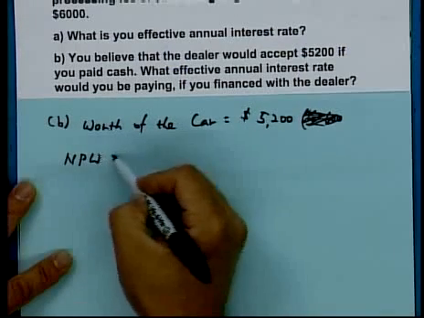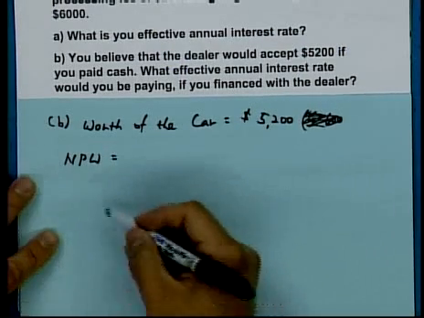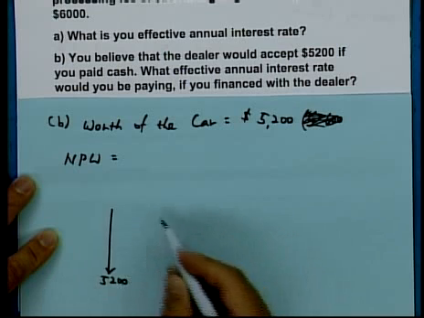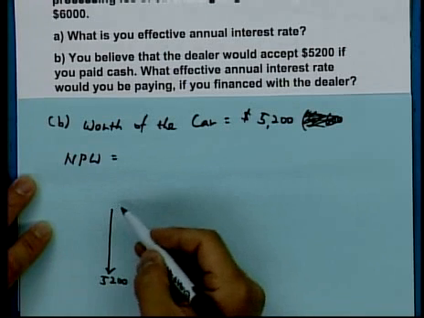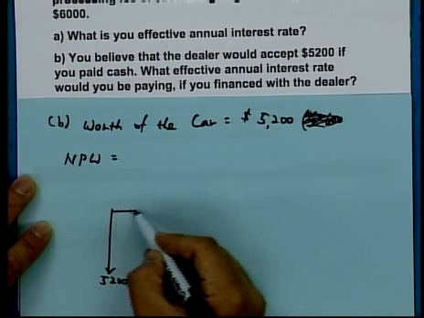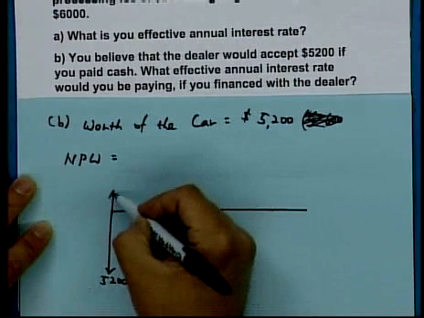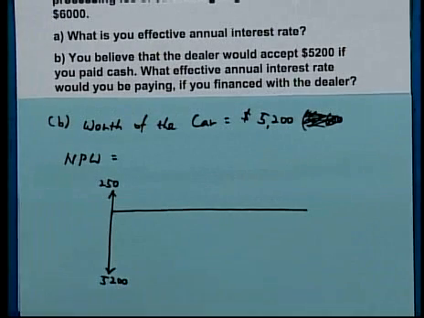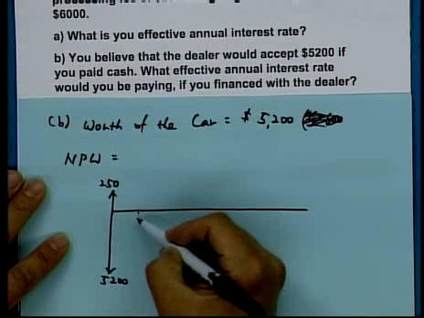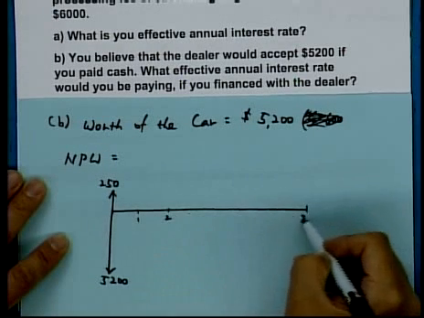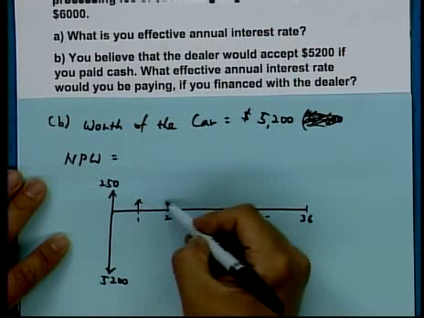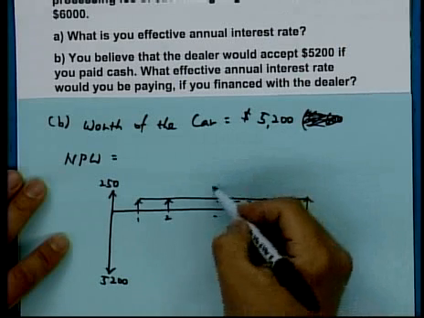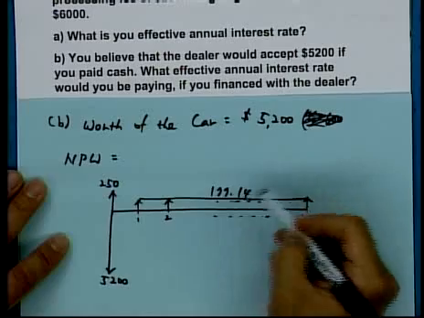So net present worth would be, based on this cash flow diagram, the worth of the car is $5,200, and you need to pay $250 during the signing, and for the next 36 months there is a monthly payment of $177.14, right?